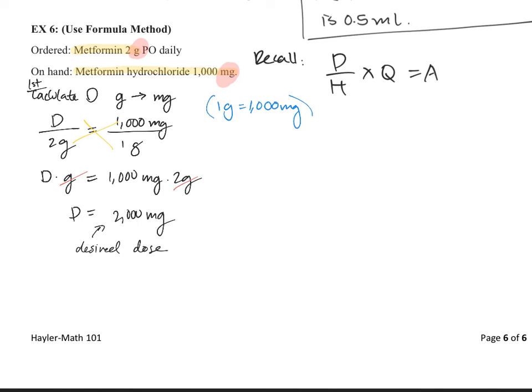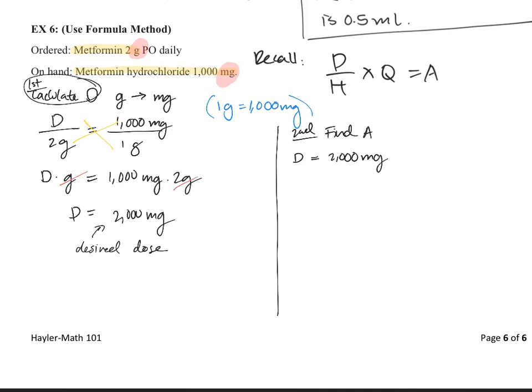The next thing we need to do is to calculate. So I'm going to go ahead and block this off here. So our first step was to calculate the desired dose or convert. Second, we're going to find the amount to administer. We'll use our formula above, which means we need to find our desired dose, which is right over here, 2,000 milligrams.